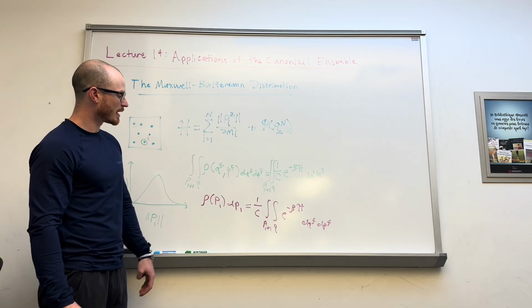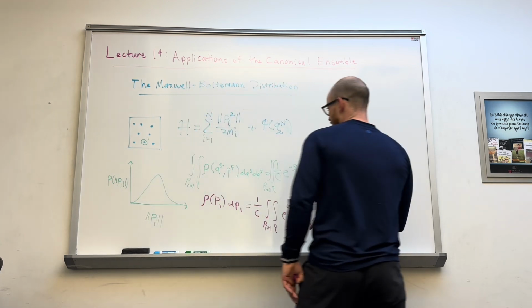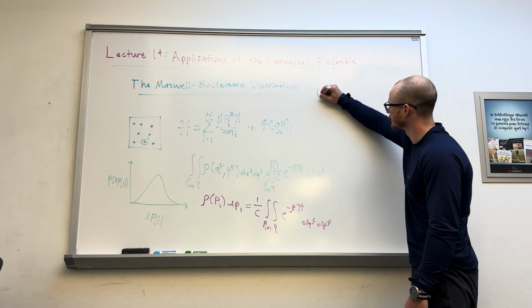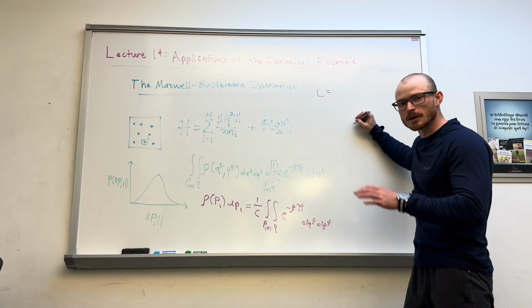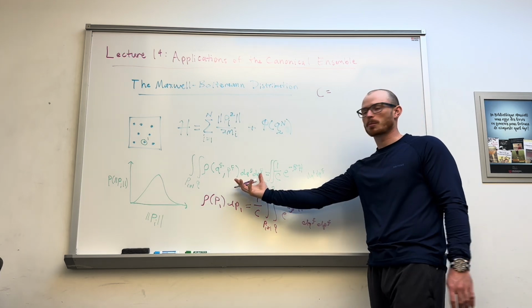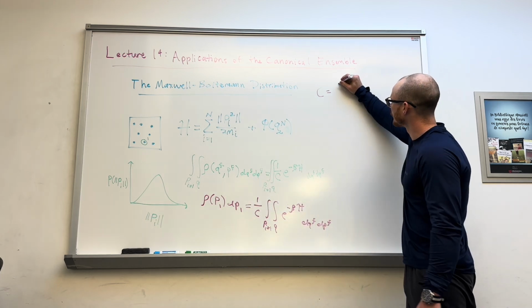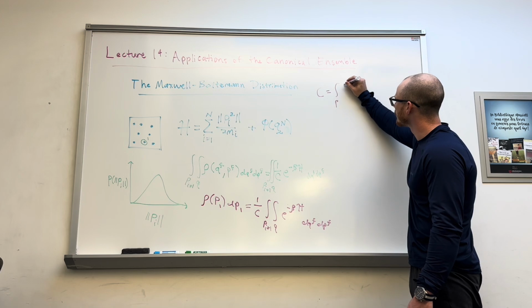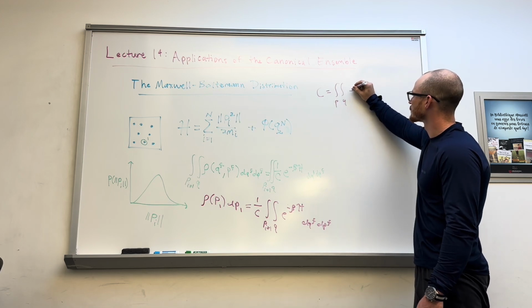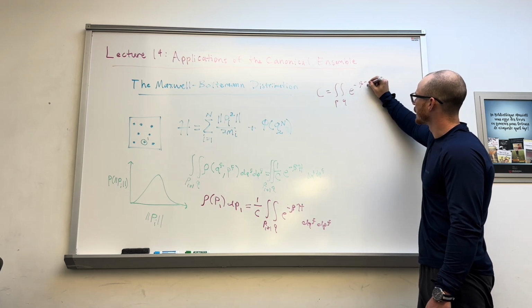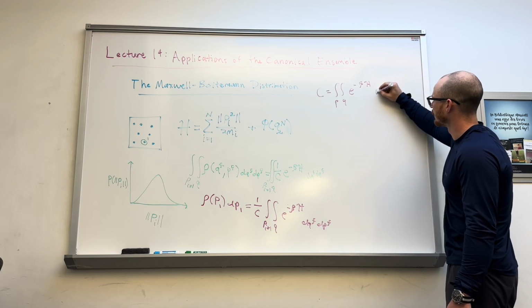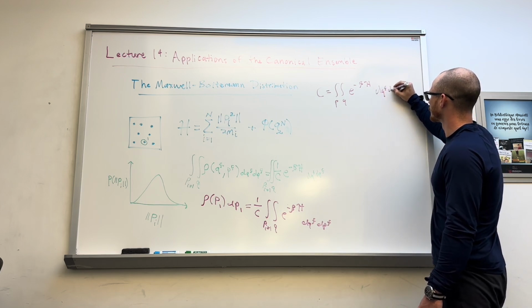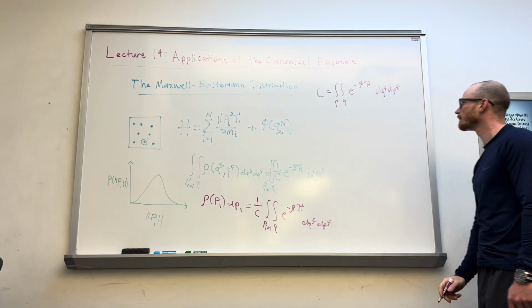Now, before I go to the next board, let's evaluate C, this partition function. Remember, C was a normalization condition on our probability distribution. So all we need to do is integrate over all of the momenta, all of the positions, of e to the minus beta H over the entire space, right?